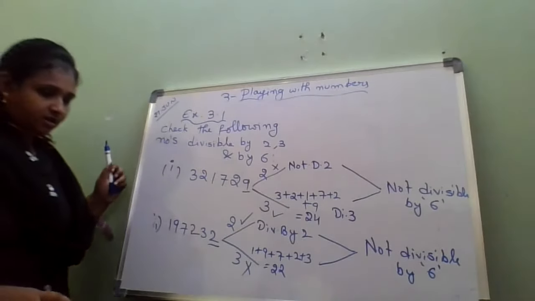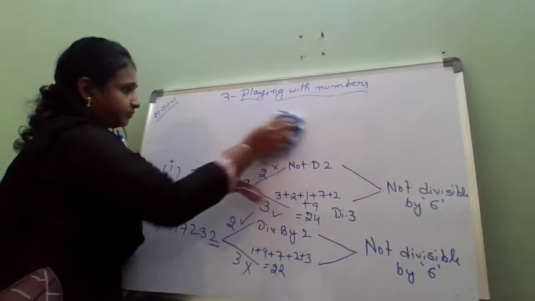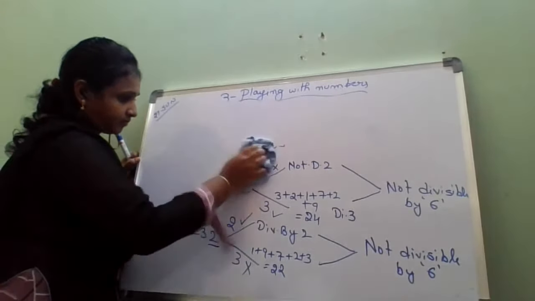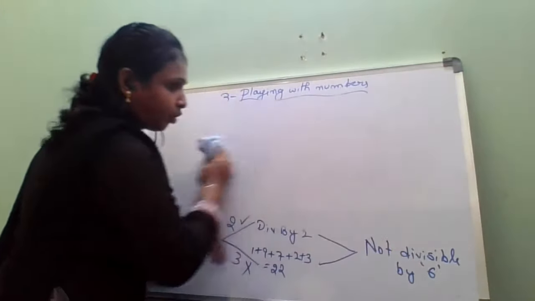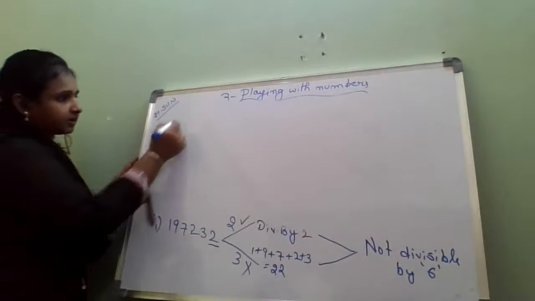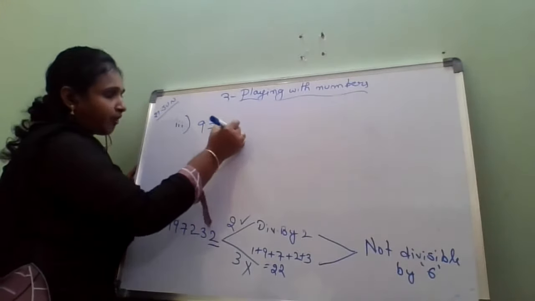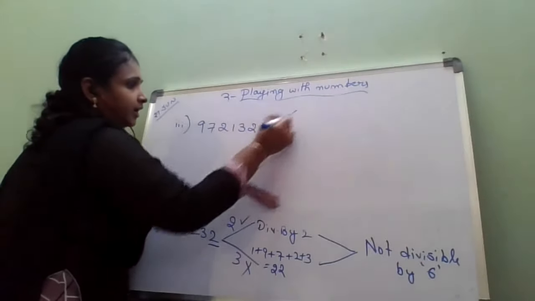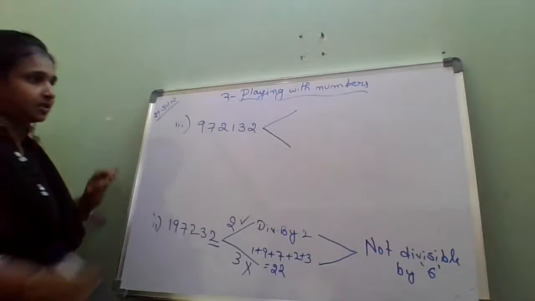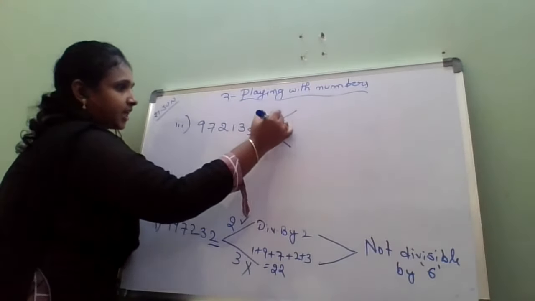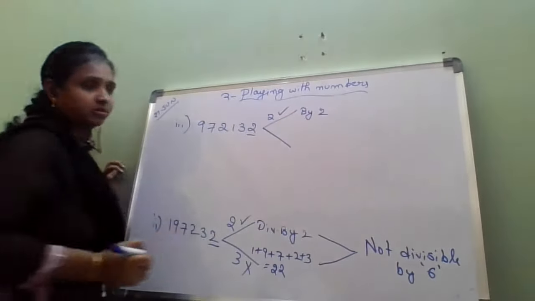Next, let's take some more problems like these. Third one, let's take 972132. Let's check if this one is divisible by 2, 3 and 6. In one's place 2 is there, so this number is divisible by 2.